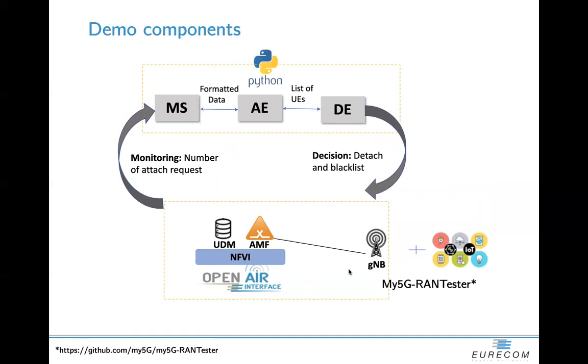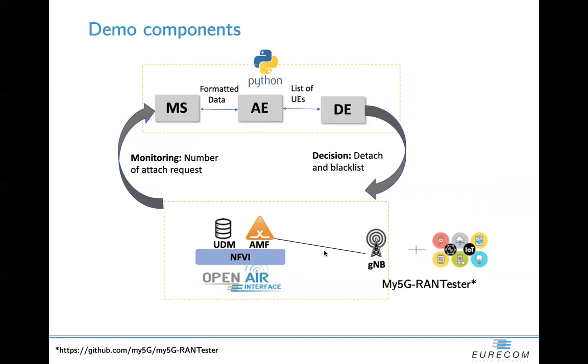And for generating the traffic of the IoT devices, to be as close as possible to reality, because we need to generate a high number of attaches, we use my5G-RANTester, which is an open source tool that allows emulating 5G traffic, particularly gNodeB and user equipment traffic, following the standard.